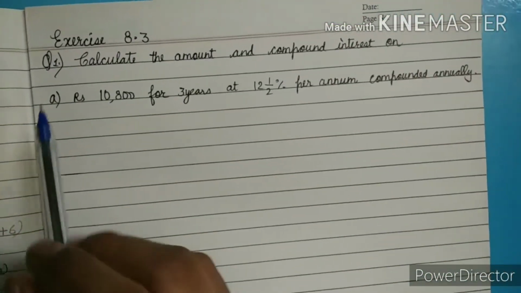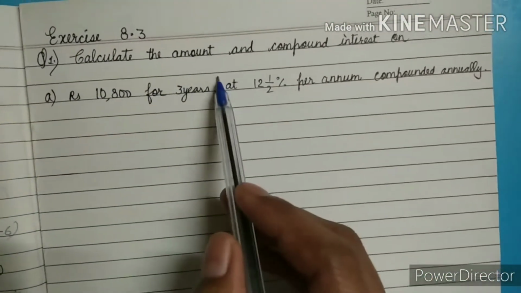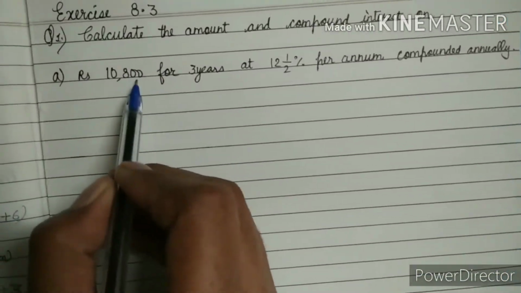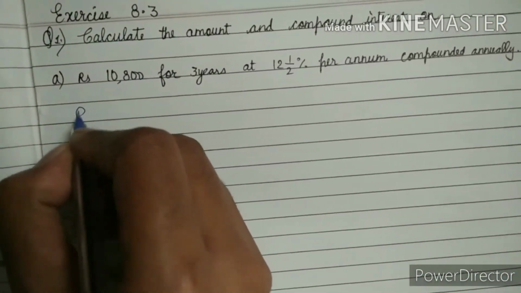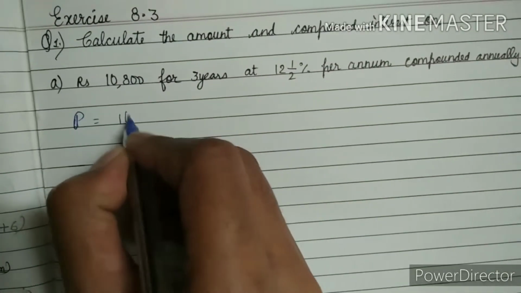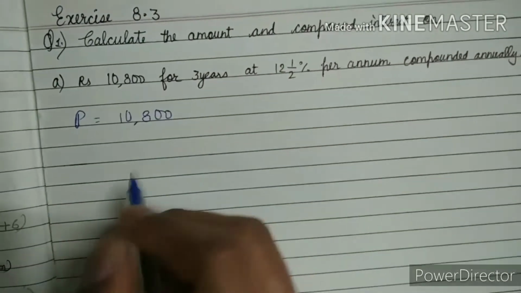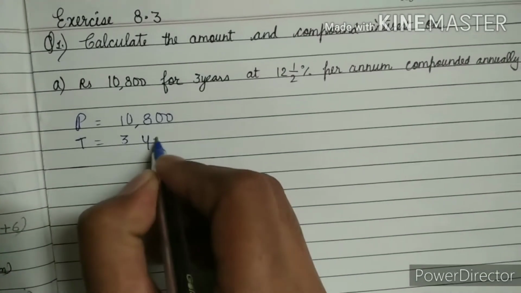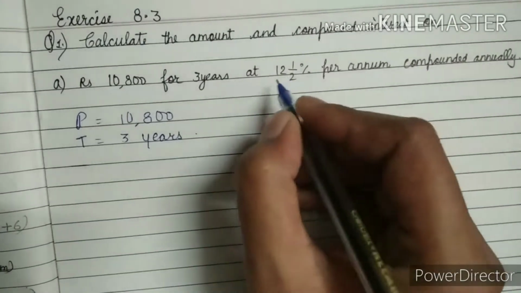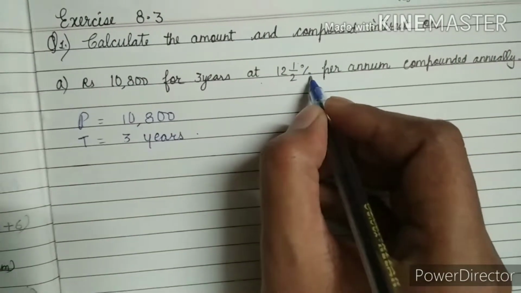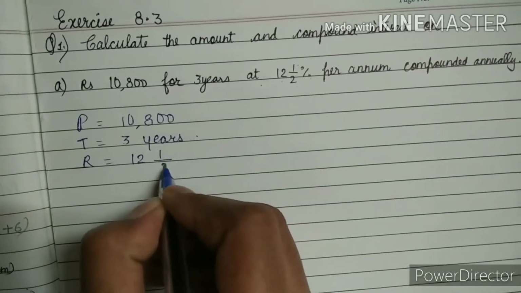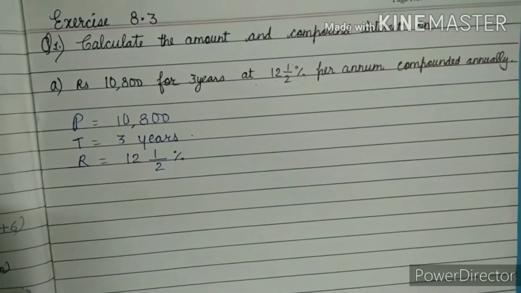Now let's see the exercise. Exercise 8.3, question number 1: calculate the amount and compound interest on rupees 10,800, so our principal will be 10,800, for 3 years. Time is 3 years, and the rate is 12 1 by 2%.